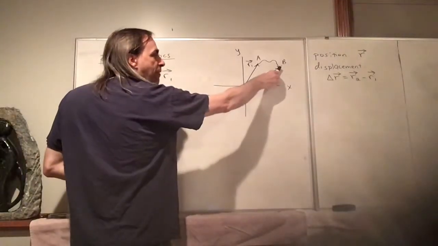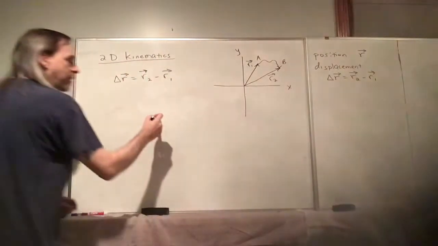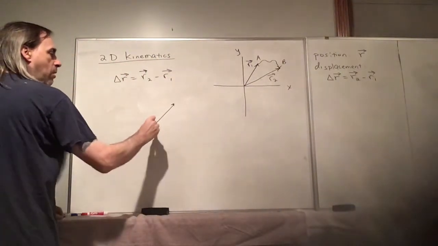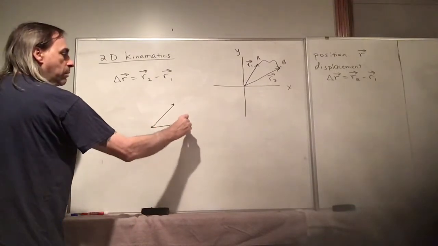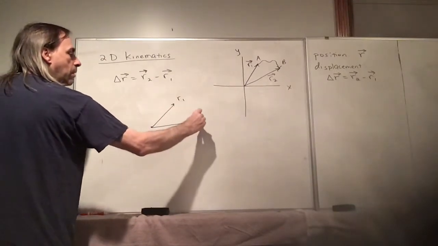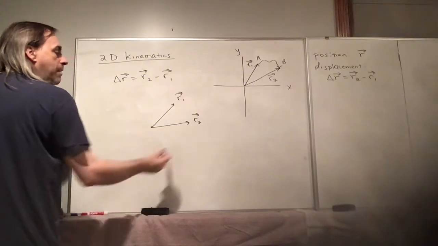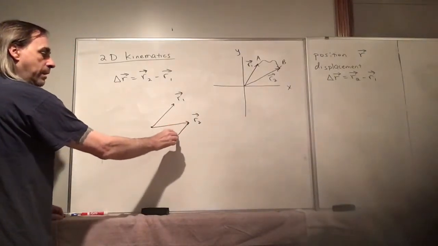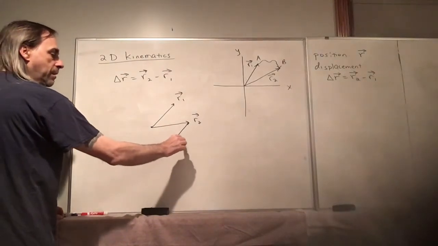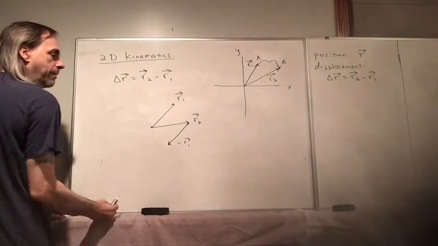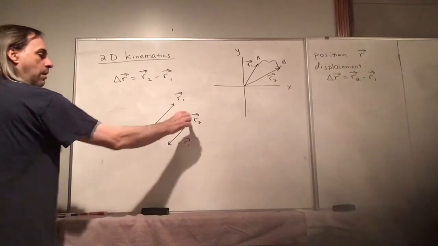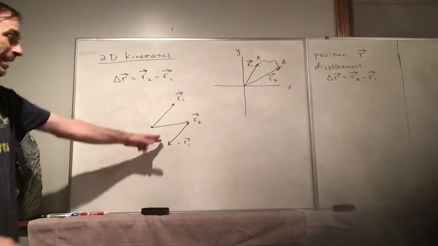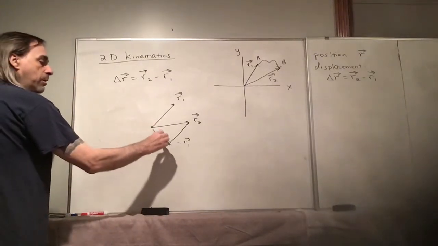Let me actually do it that way. So we have R1 and R2, like this. And minus R1 would look exactly like this, except it points in the opposite direction. So this would be minus R1. And then R2 minus R1, remember we're adding negative R1. So this would be delta R.